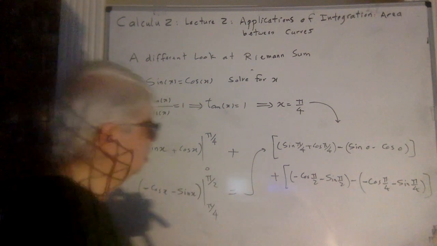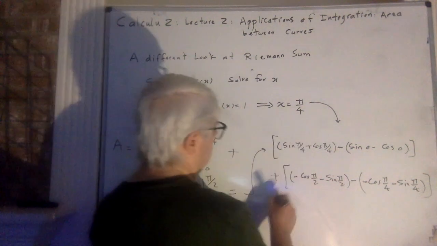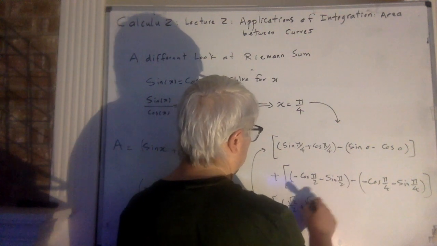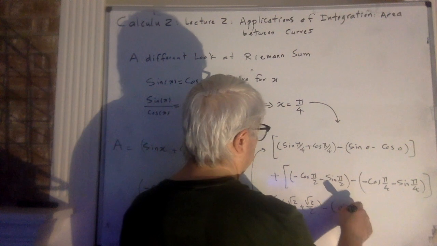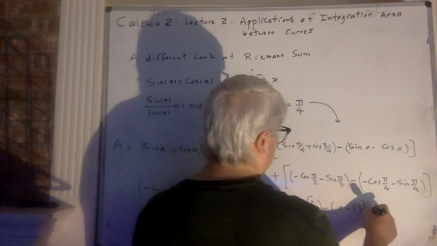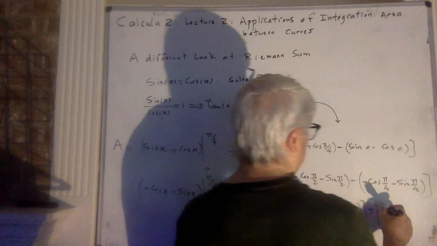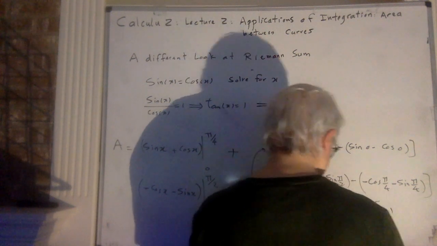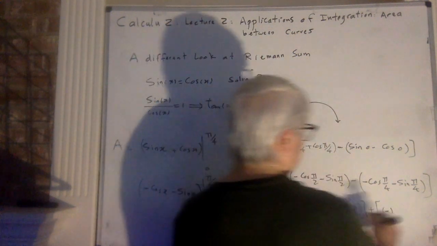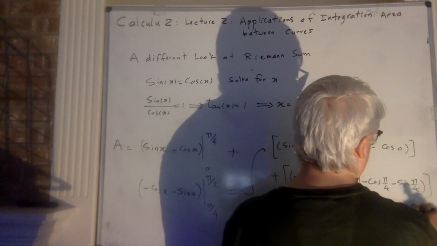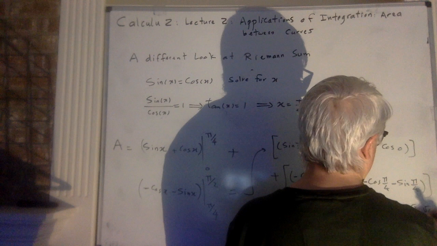So this one is square root of 2 over 2 plus square root of 2 over 2 minus 0 minus 1, and this is 0, but this is minus 1, and minus square root of 2 over 2 minus square root of 2 over 2.